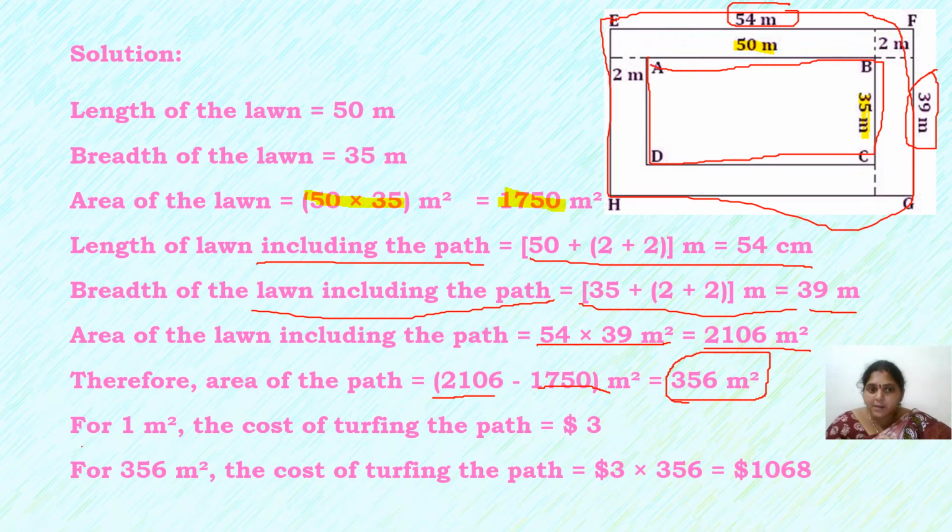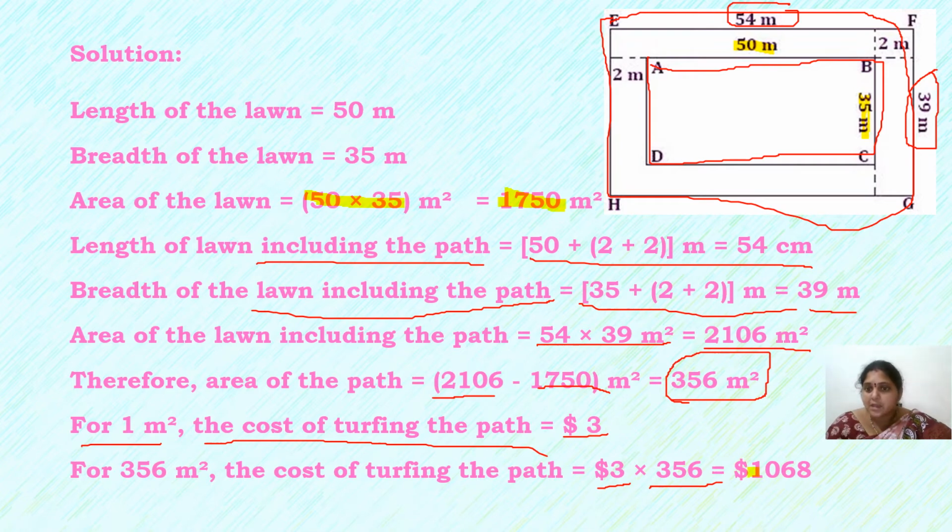Now for 1 meter square the cost of turfing the path is rupees 3. For covering the path around that lawn, for 1 meter square they are taking 3 rupees. So for a total of 356 meters square, how much cost will they take? We have to multiply 356 into 3. When you multiply both the numbers, what will be your final answer?